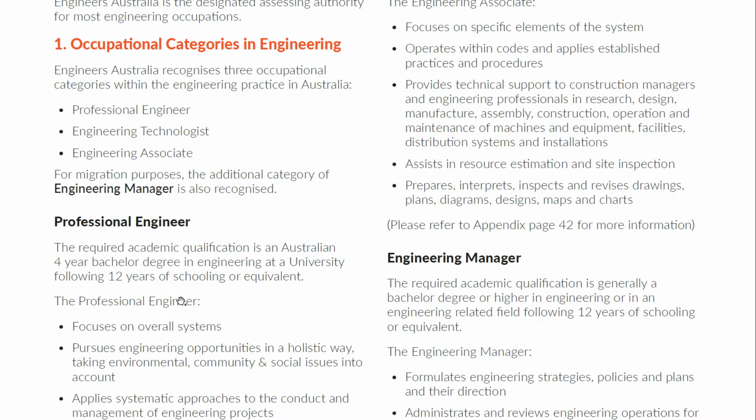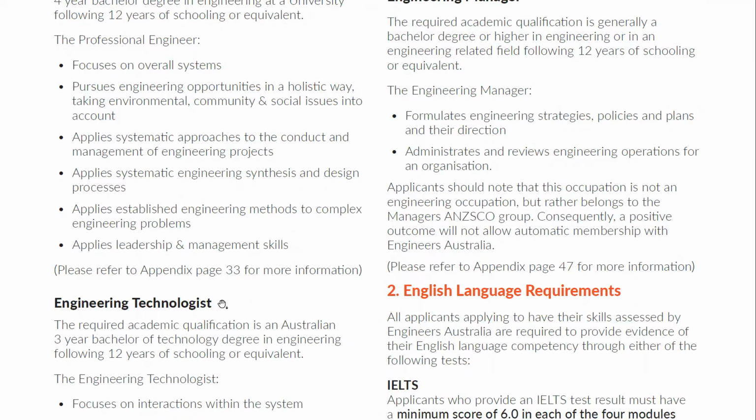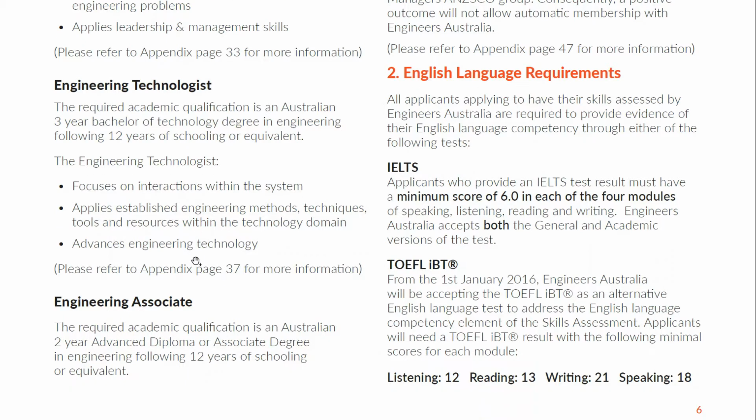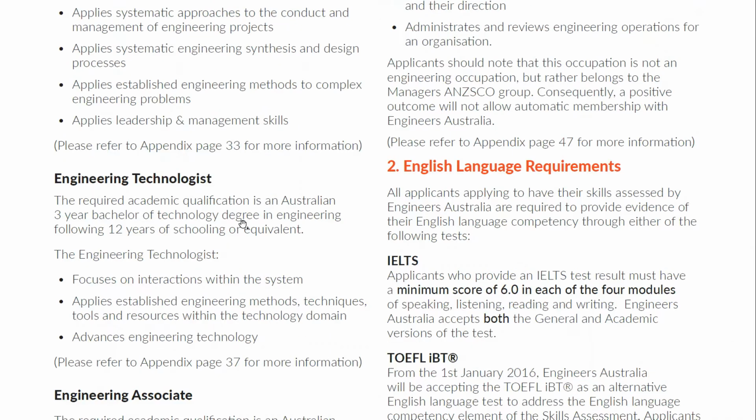Professional engineers have around 12 years of schooling or equivalent and a 4-year bachelor's degree. Engineering technologists and engineering associates are those with 12 years like a diploma, or who have a BTech or MTech, and associates have 2-year advanced diplomas. They have already defined these here.